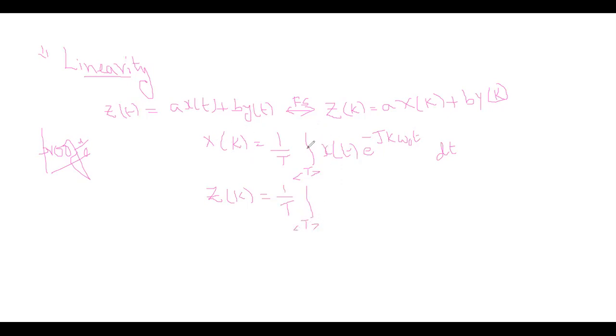If it is x of k, here it is x of t. Now it is z of k, here it is z of t. What is the z of t given? A into x of t. So directly I am writing a into x of t plus b into y of t, the given z of t, times e power minus j k omega naught t dt.